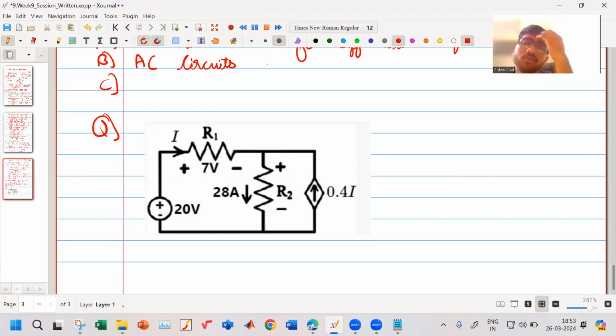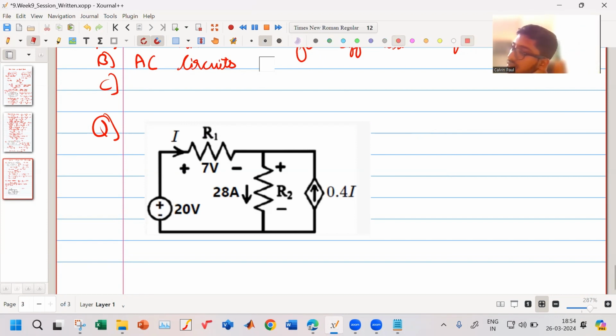Tell me how to do it. No, sir, 0.4 I is the current source, not a voltage.